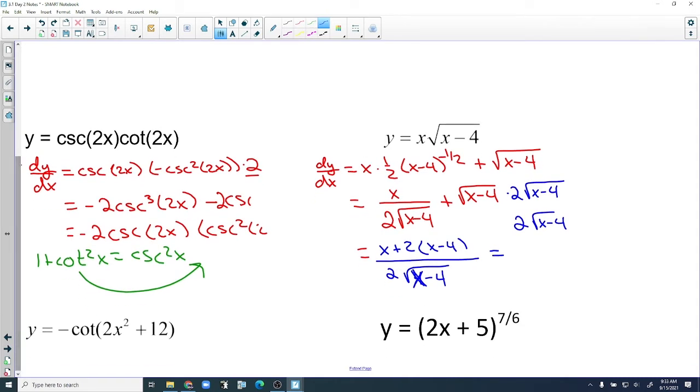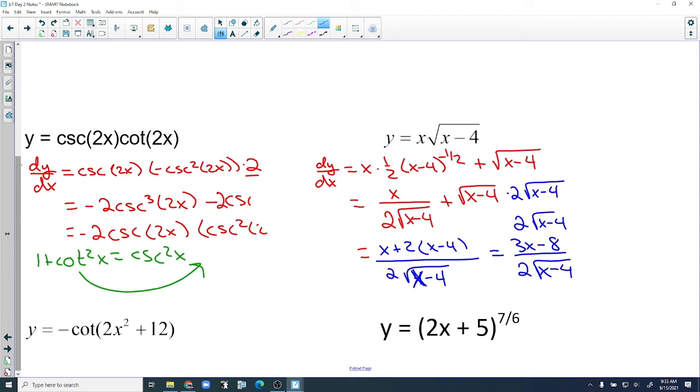So this becomes x plus 2x is 3x minus 8 over 2 square root of x minus 4. Now what makes the top 0? 8/3. All right, 8/3 makes the top 0. 4 makes the denominator 0, which makes this undefined. So those are the two questions we're going to eventually have to answer. And that's why we add these two together.